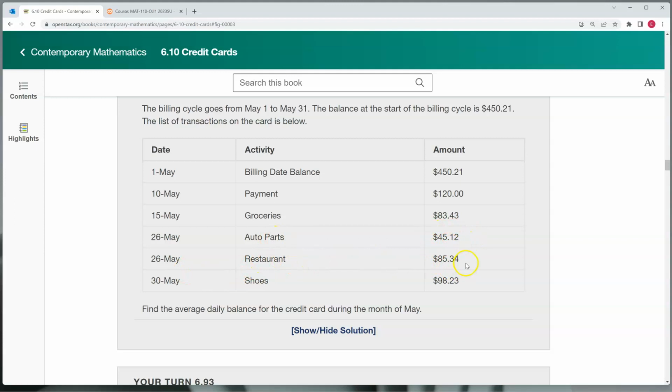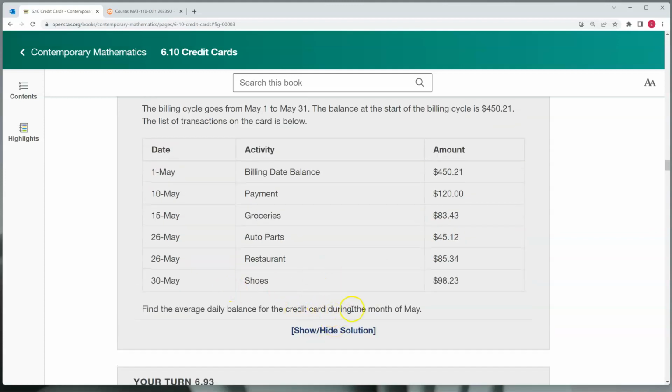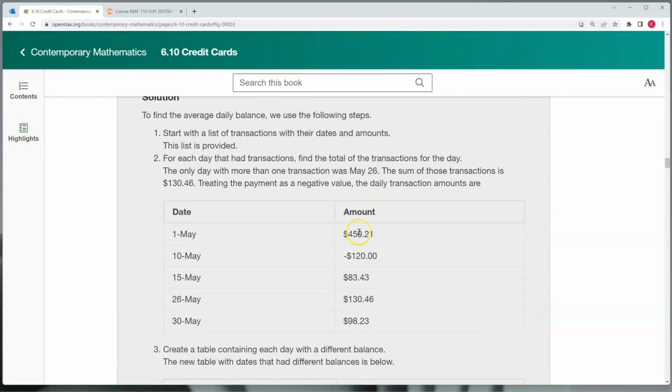They went out to eat at a restaurant for $85.34. Then they purchased shoes. So payments are going to be negative deductions, and purchases are going to be positive because you're adding to the balance. So we want to find the average daily balance for the credit card during the month of May.